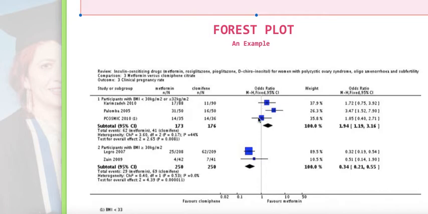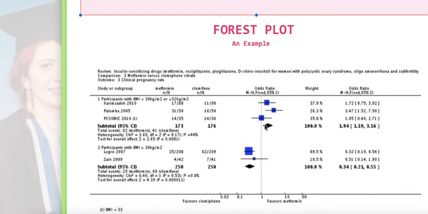If we see that some studies are falling right on the neutral line or the line of no effect, which is on number 1, then that would mean that these studies actually didn't have any effect. This intervention didn't have any effect compared to if there was no intervention.